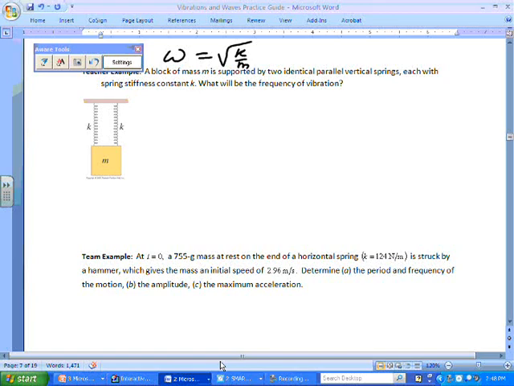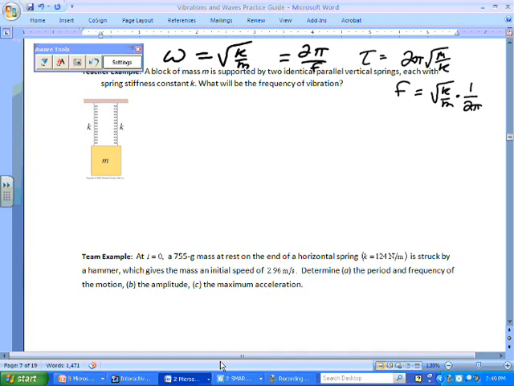Since omega is equal to 2 pi divided by the period, the period would be 2 pi square root of m over k, and frequency can be expressed as the reciprocal of that: the square root of k over m times 1 over 2 pi. So we have these new expressions.